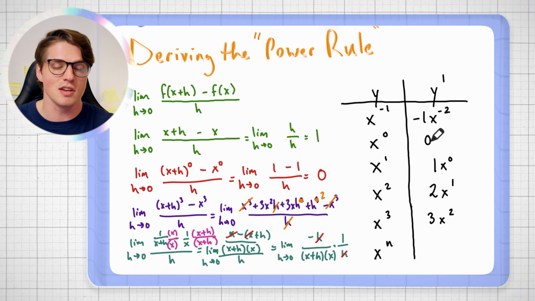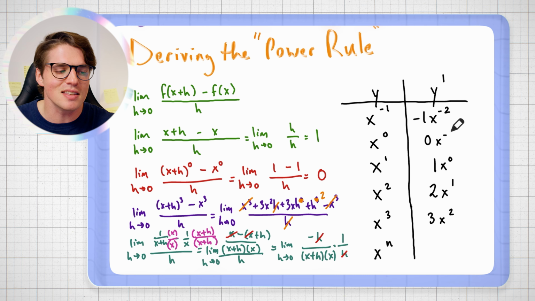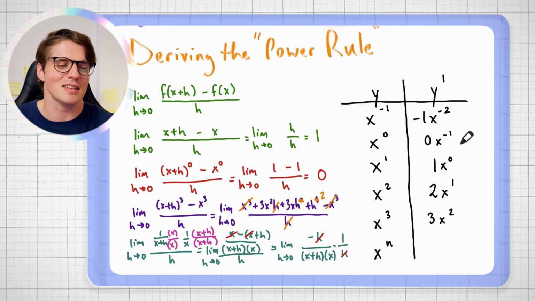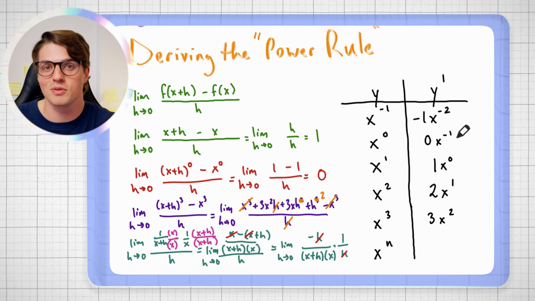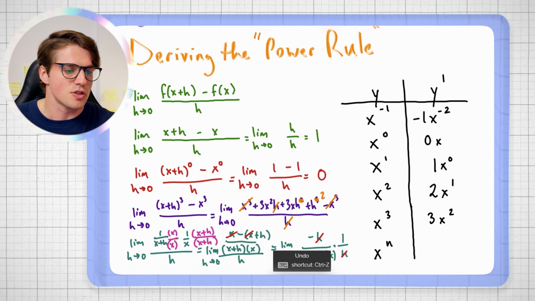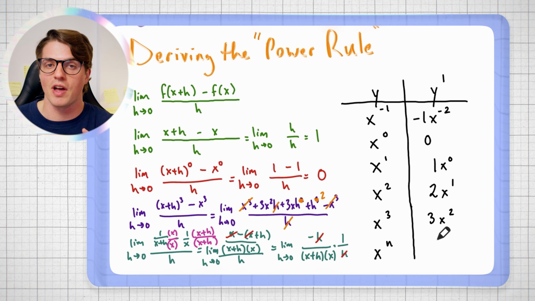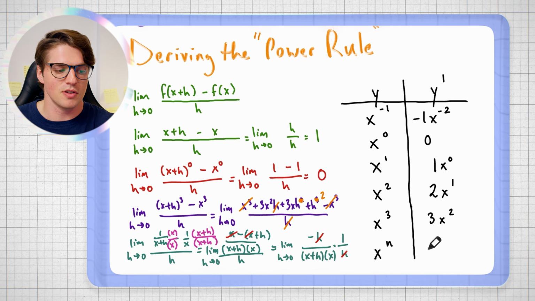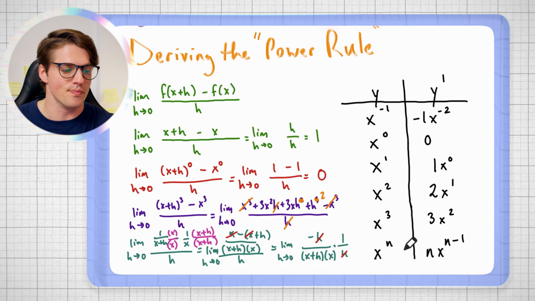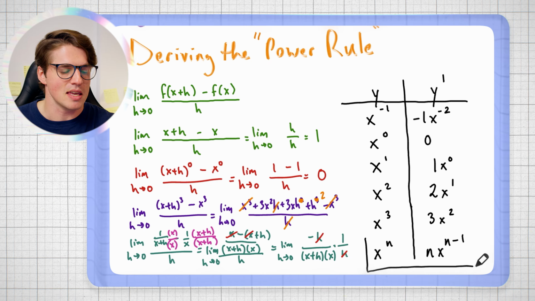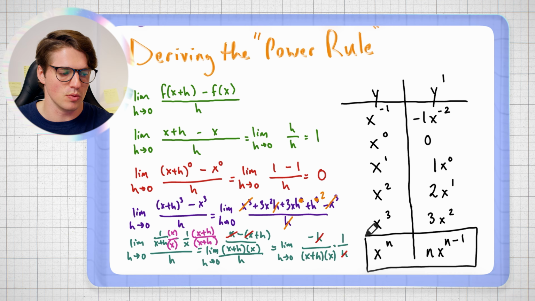We bring down the 0, and we could say that this is x to the negative 1, but it's 0 times that, so it's just 0. So our general rule is if we're taking the derivative of x to the n, the derivative is nx to the n minus 1. This is the power rule.